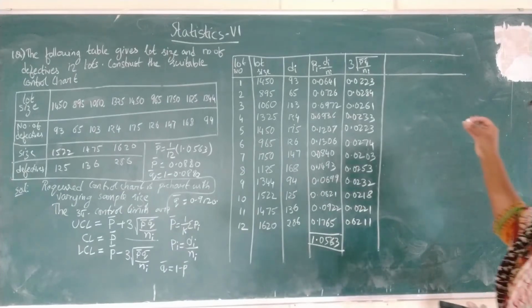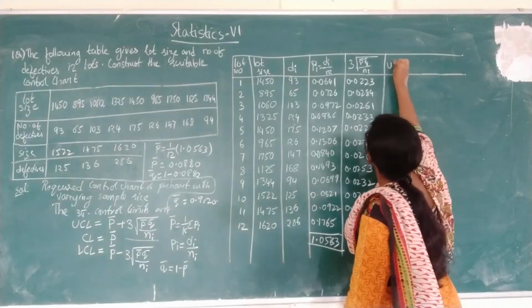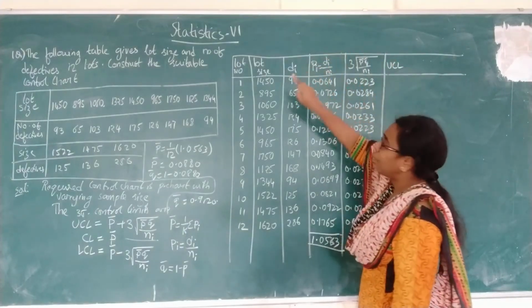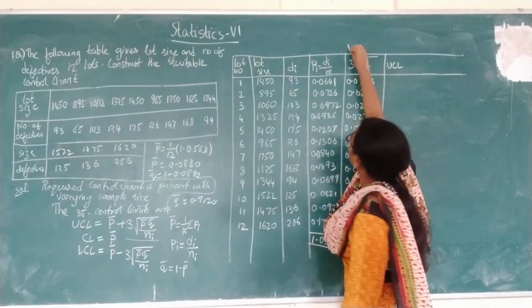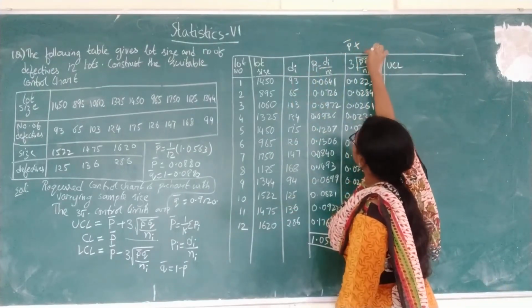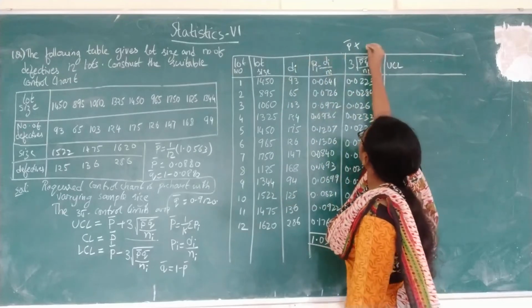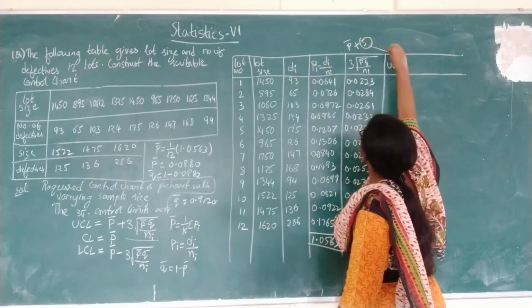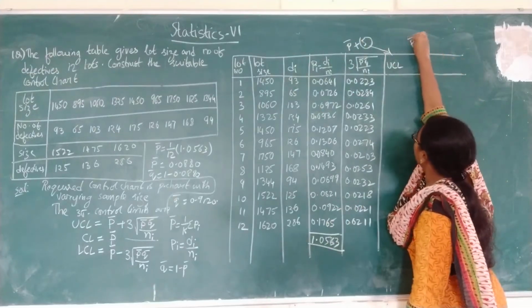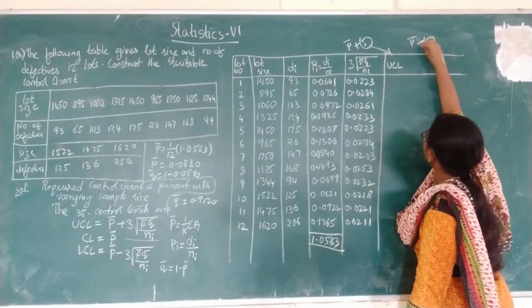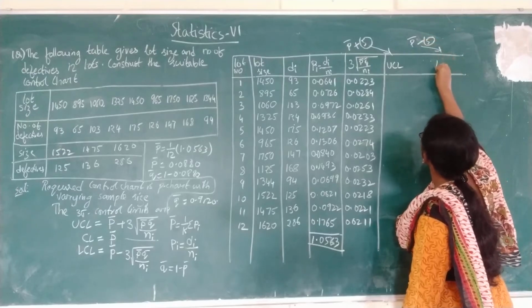Next, you will be calculating the UCL value. What is UCL? P bar plus this column, the fifth column. So P bar plus the fifth column gives you your UCL, and P bar minus the fifth column will give your LCL value.